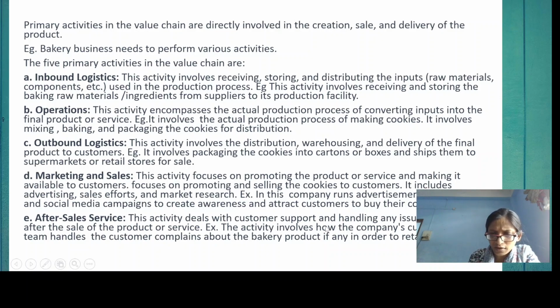Here the organization or the baking shop people can handle the customer who is having some complaints about the cookies. And once the customer is satisfied, there will be better word of mouth from their side, and of course, to retain those customers.